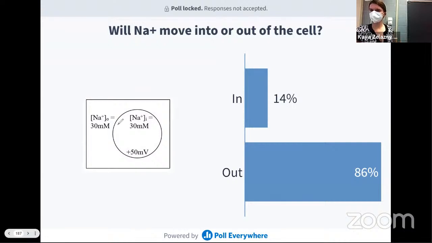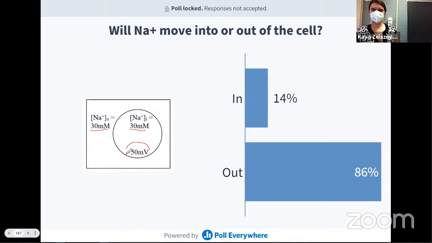So what we should note here, right? The way we did this is we noted these two concentrations are equal. So there is no chemical driving force here because we are at equilibrium for the concentration of the solute, right? There's no higher and lower, so we can't move downhill. There's no gradient. So the only thing that would matter here is our electrical driving force.